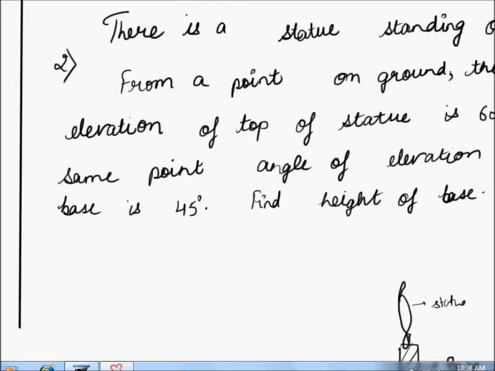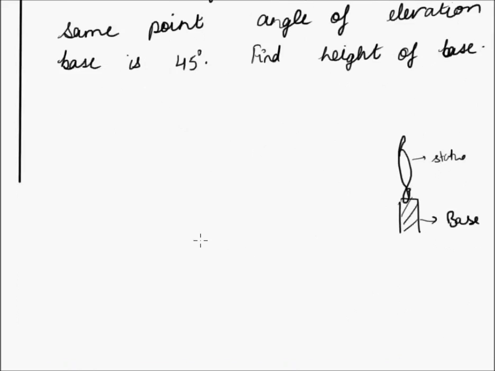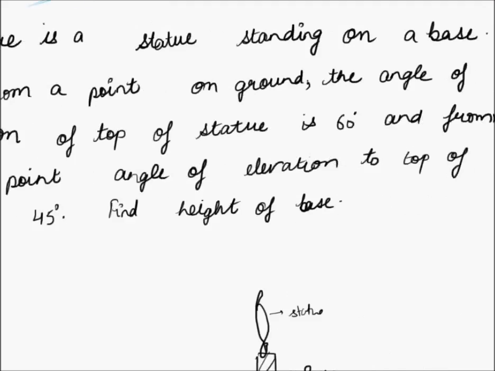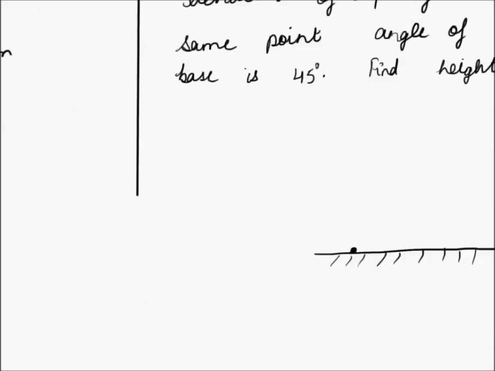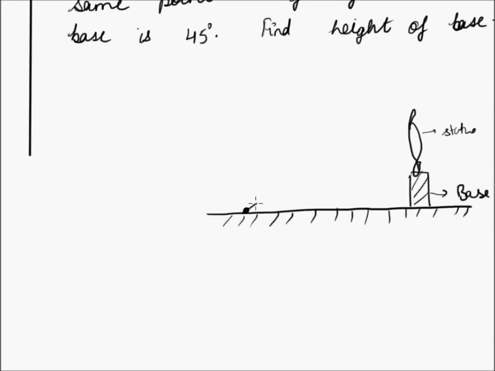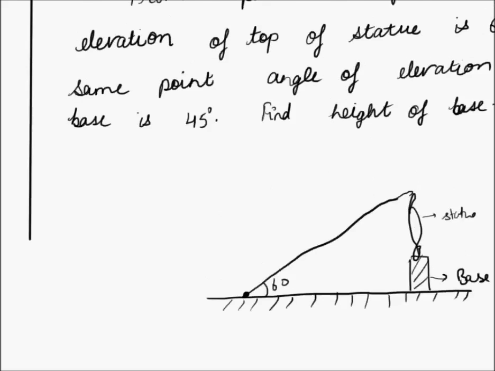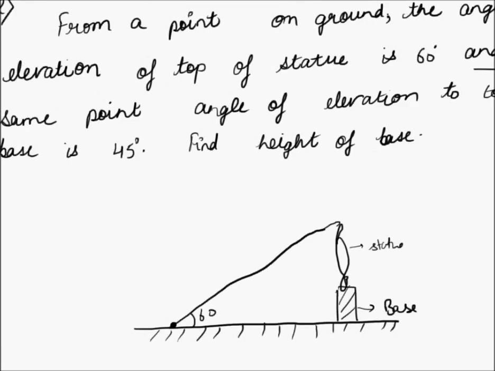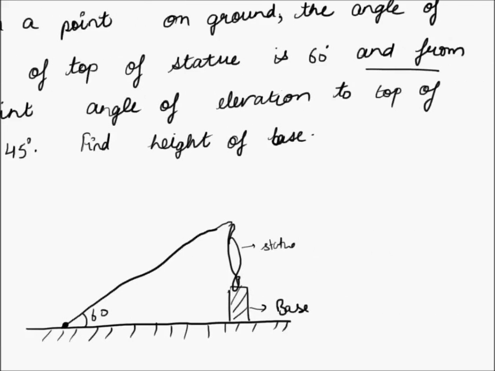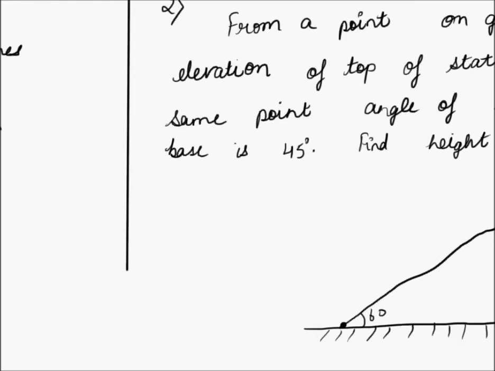From a point on the ground, now the base will be perpendicular to the ground. The question says, from a point on the ground, the angle of elevation of the top of the statue is 60 degree, and from the same point the angle of elevation to the top of the base is 45 degree.